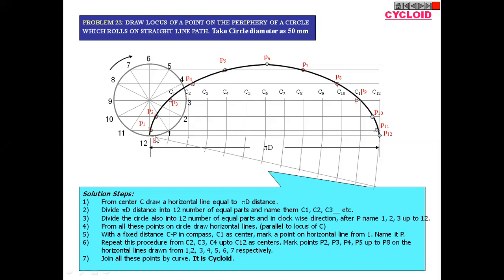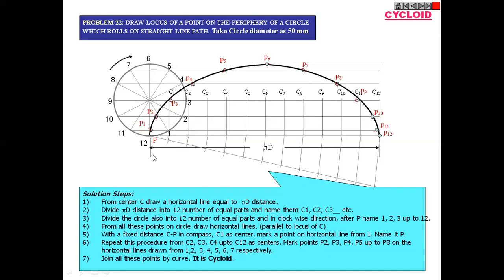Suppose this point P is between the center and the circumference. Suppose point P is available here, then the generated curve is known as the inferior trochoid.